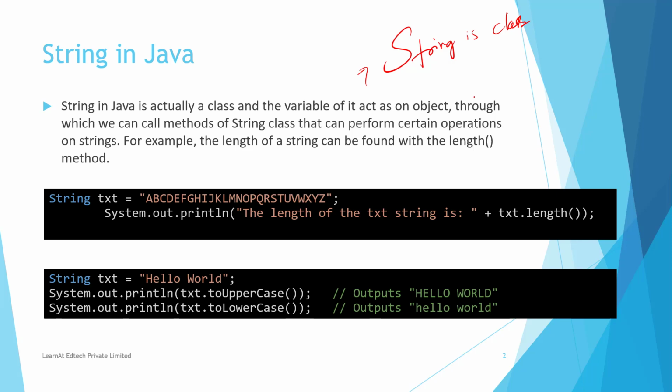That is not going to be wrong. Your program is definitely going to work perfectly, but that is not suggested. So to identify that this is a class in Java, they keep the first letter capital. Wherever you declare String in your program, you see the S is capital. I am repeating this from the first class. So in String, the S is capital, and automatically we can understand String is a class in Java.